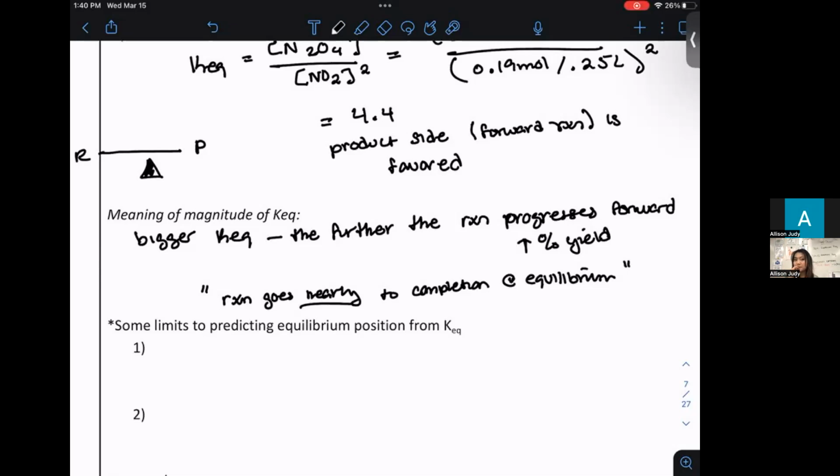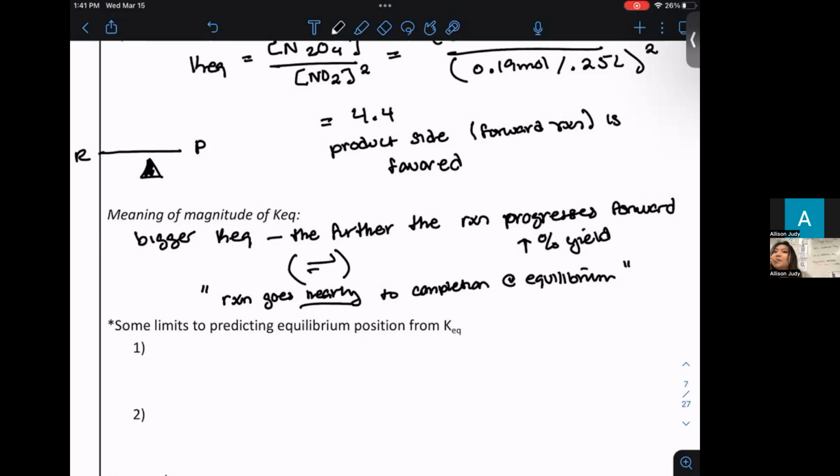So when you say nearly to completion, is that essentially like an asymptote? Yeah, essentially. Like if you drew this, your equilibrium reaction equation would look like a giant arrow forward and a little arrow backwards, because just a little bit is going in reverse.